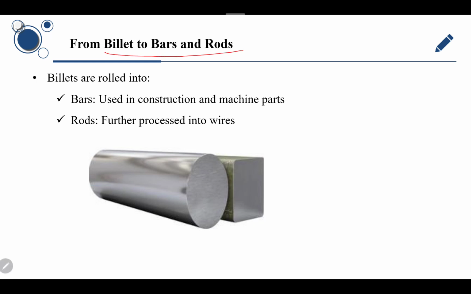From billets to bars and rods. Billets, being smaller square sections, are rolled into more elongated forms. Rods and bars are commonly used in construction and machine parts.